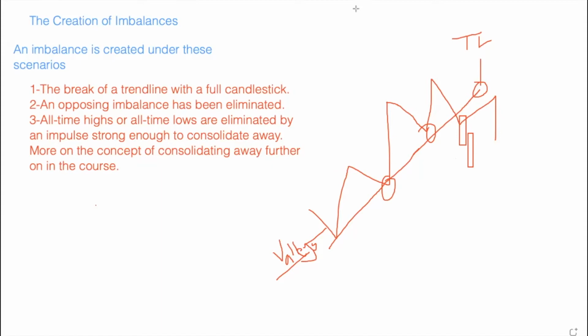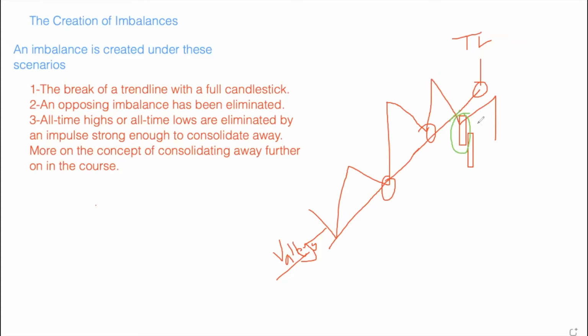So in this scenario, you look at this candle here that crosses this trend line, right? And then you can say, now there is an imbalance. There is an area of interest or a zone that you can be interested in to trade, right?